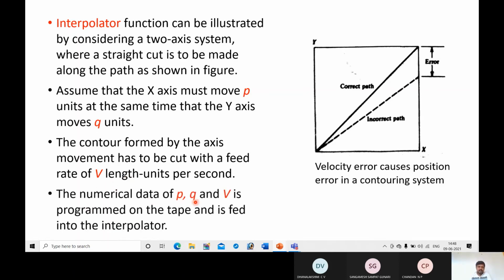The numerical data of P, Q and V is programmed on the tape and is fed into the interpolator. These are the inputs to the algorithm or equation of the interpolator, so it will consist of these values of P, Q and V. V is the feed rate, P is the distance along the x direction, Q is the distance along the y direction that the tool has to travel.